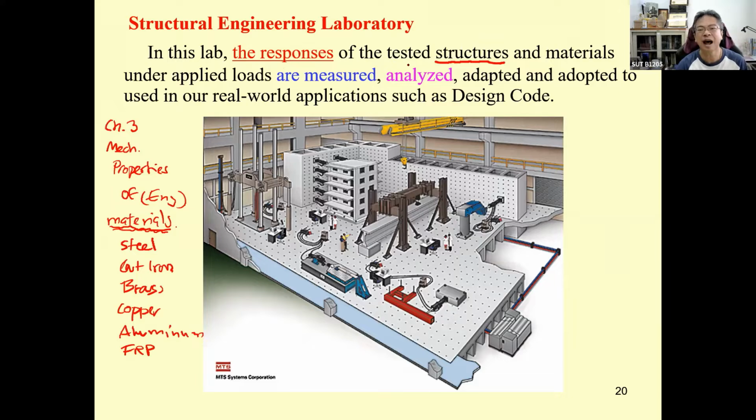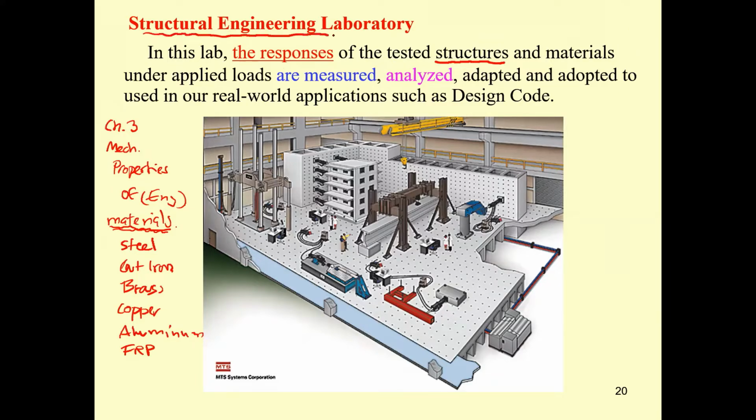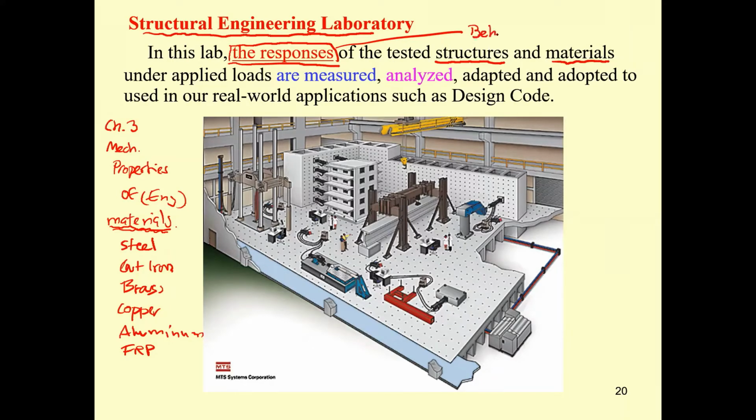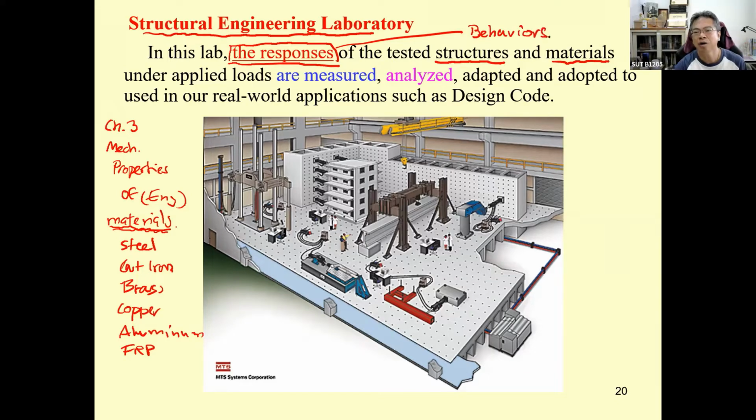We do this kind of test in the structural engineering laboratory, both testing the structure and testing the material. And what kind of response? The response is going to be the behavior, how the structure or how the material responds to the applied force.